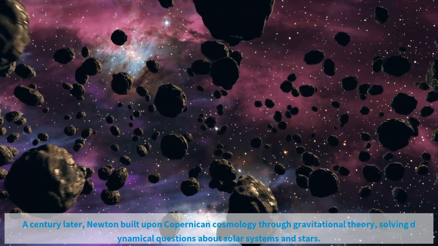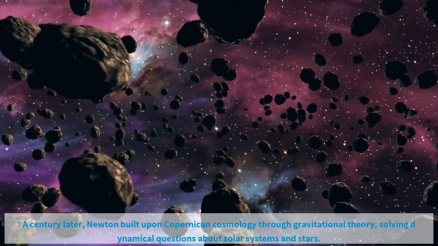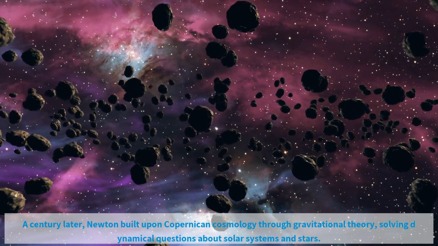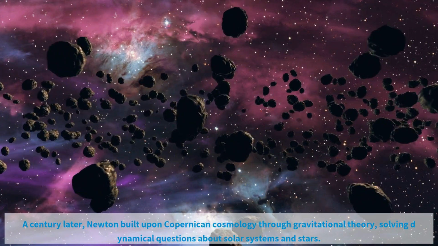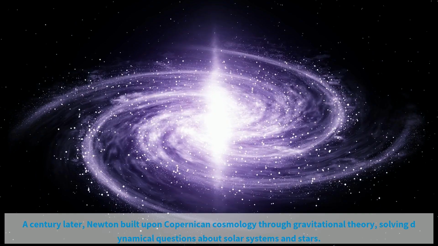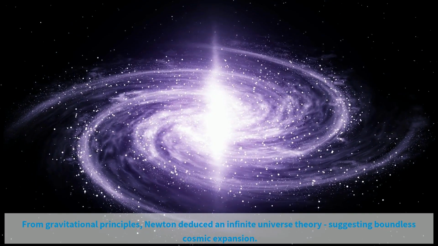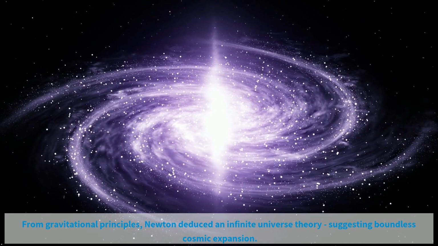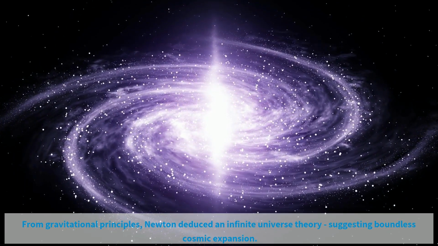A century later, Newton built upon Copernican cosmology through gravitational theory, solving dynamical questions about solar systems and stars. From gravitational principles, Newton deduced an infinite universe theory, suggesting boundless cosmic expansion.